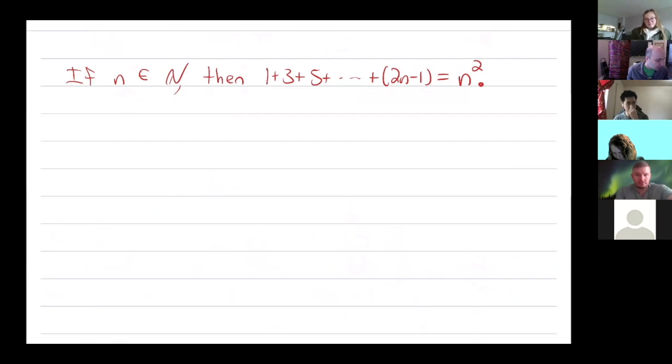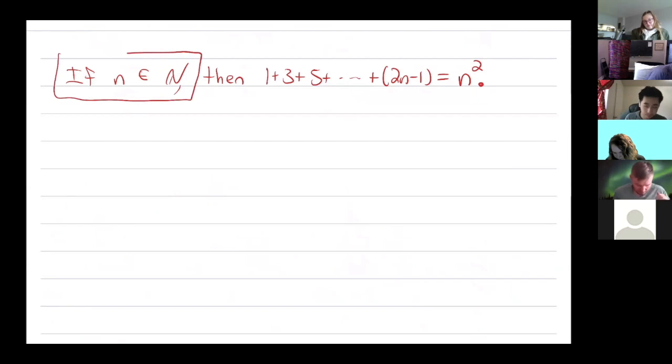So these are good statements when you see something like this for induction. If you want to show that some property holds for all integers or all natural numbers, this is a good situation for induction.